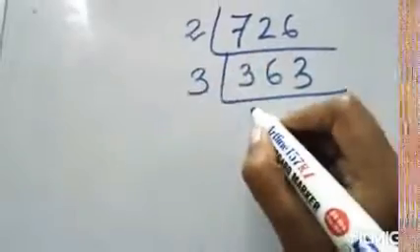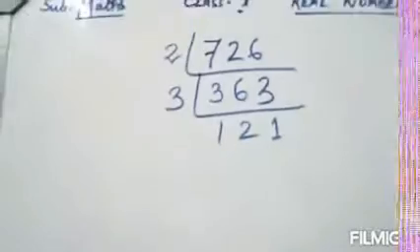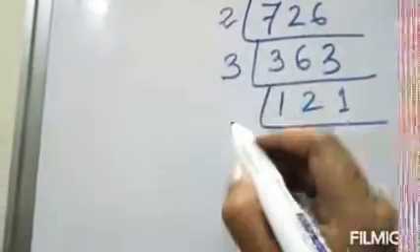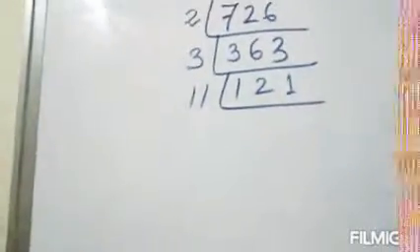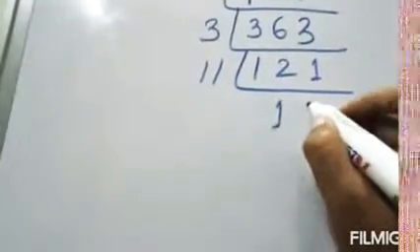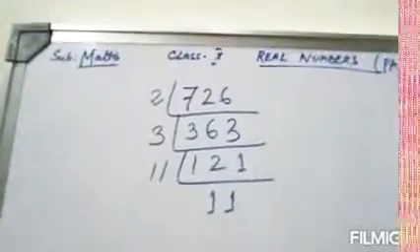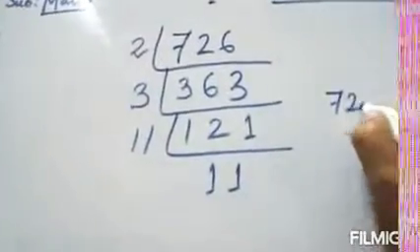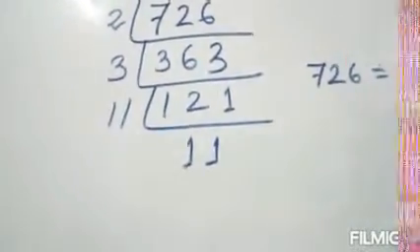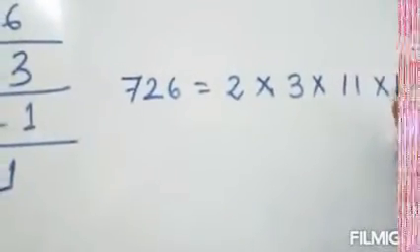So what can I write? 121. Now see, 121 can be factorized by 11. 11 is a prime number. So 726 is equal to 2 into 3 into 11 into 11.